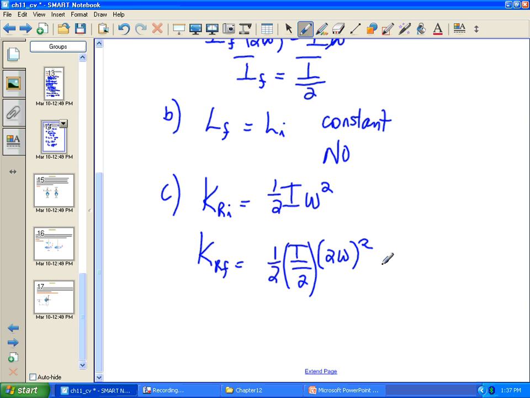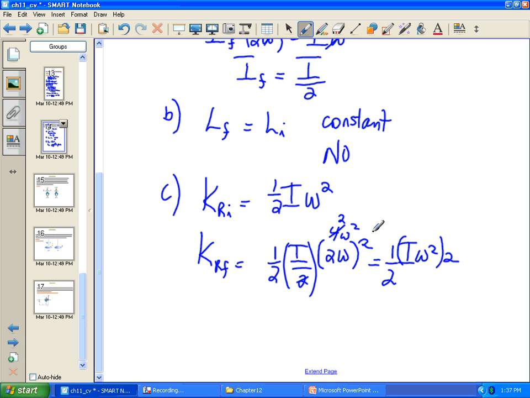And so let's see, what have we got here? We've got 1/2 times, this 2 gets canceled by one of these 2 because this would end up being 4 omega squared, so that becomes a 2. So I have I times omega squared times 2.